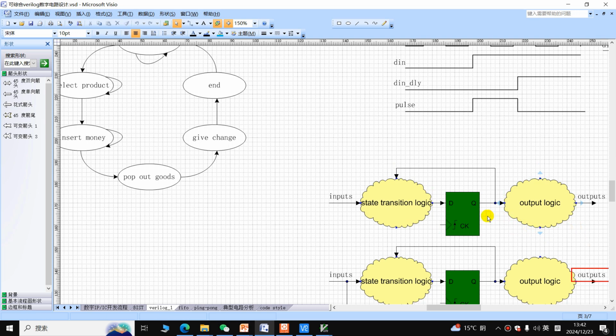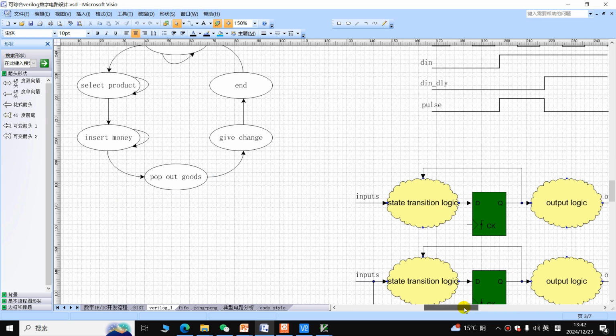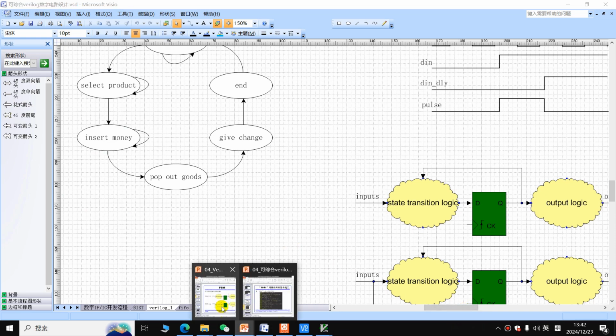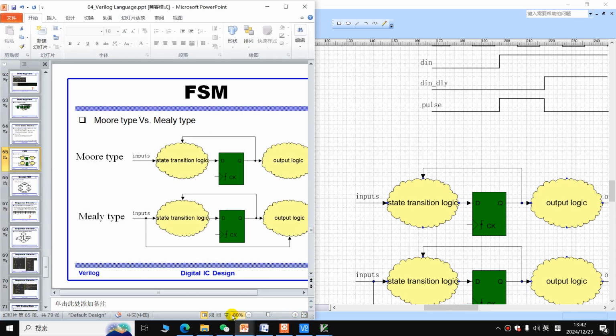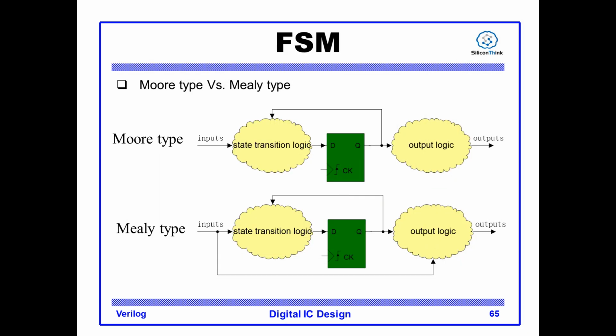You may use the state value and the input to calculate the output of the finite state machine. If you think this is hard to understand, I will give you some examples later.